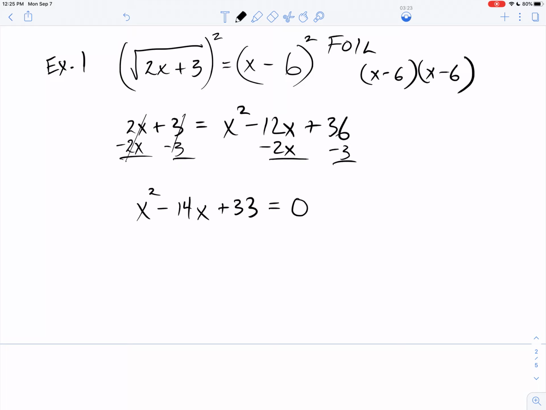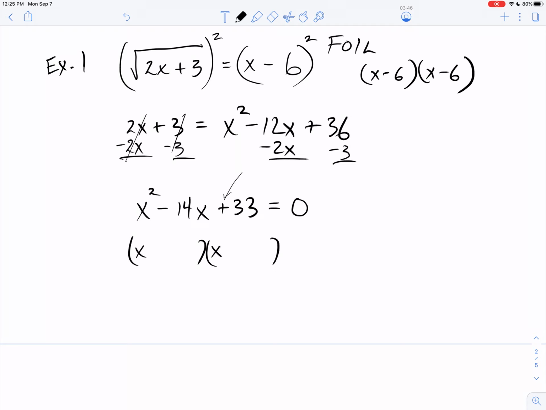Now, here is a hint for your test. When you get a quadratic in this, whatever you get, quadratic, squared, I guarantee it'll factor. I can't make that guarantee forever, but on this test that you're about to take, this should break down. And it's x times x. That's how I'd get x squared. This guy's positive.